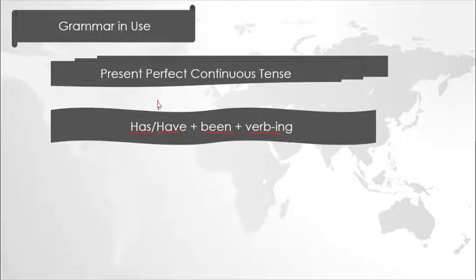This as the first element or component, this the second, and this is the third element. And all these three have to be there for it to be a present perfect continuous tense. As you know, has is used for singular. It is used for singular. I'm writing singular here, alright?